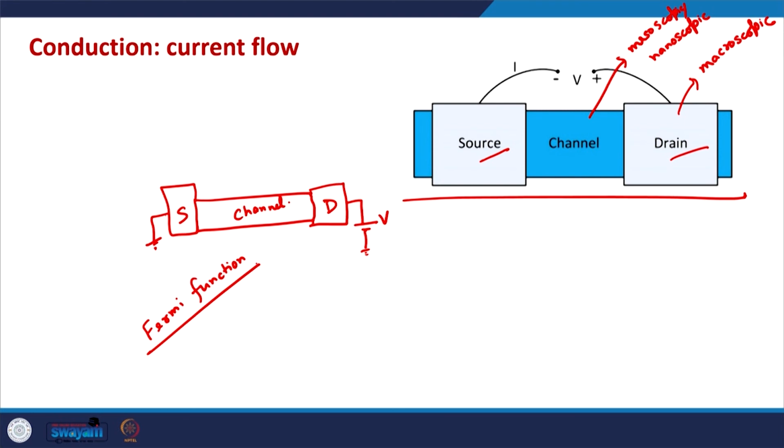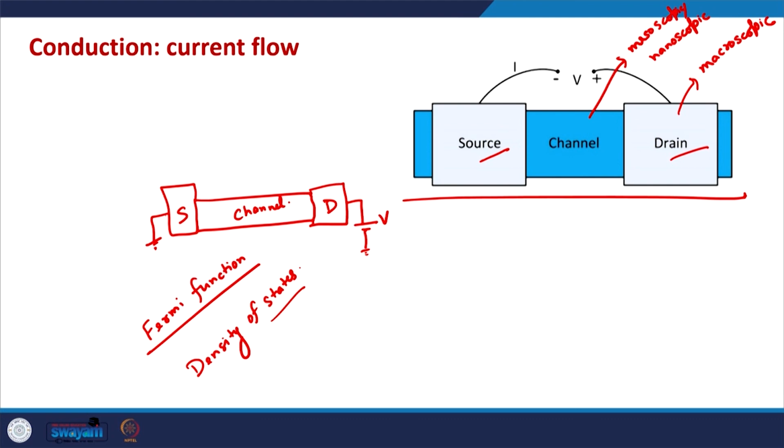But the electronic distribution in the channel can be understood from the idea of density of states, because in a small region electrons cannot take continuous energy values, electrons will have discrete energy values, and moreover in solids we have seen that there may be bands and band gaps.